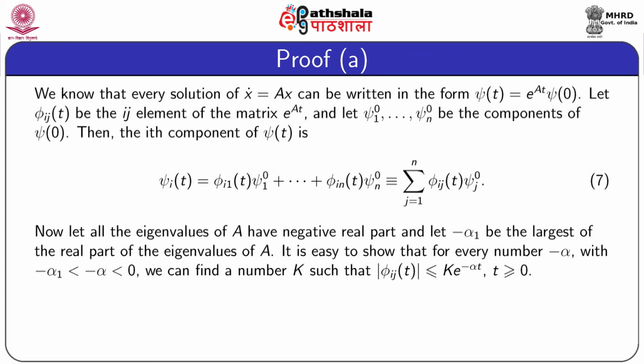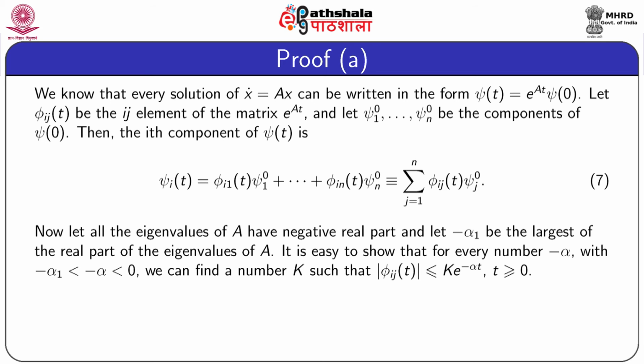The proof of the first part: we know that every solution of x dot equal to A x can be written in the form psi(t) equal to e to the power A t psi(0). Let phi_ij(t) be the ij-th element of the matrix e to the power A t, and let psi_1(0), psi_2(0), ..., psi_n(0) be the components of psi(0).